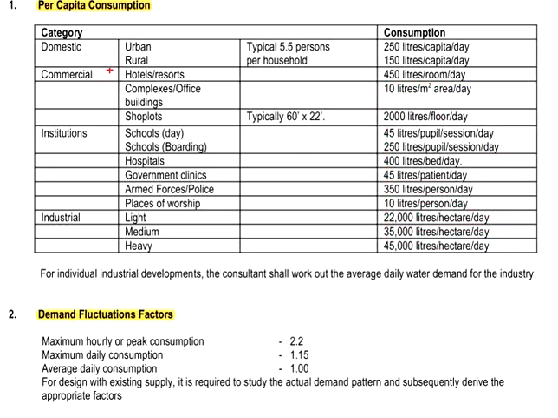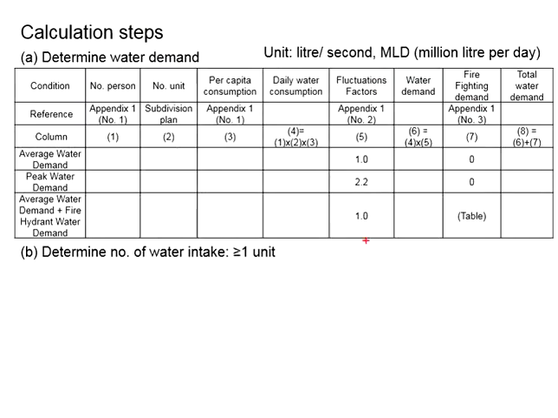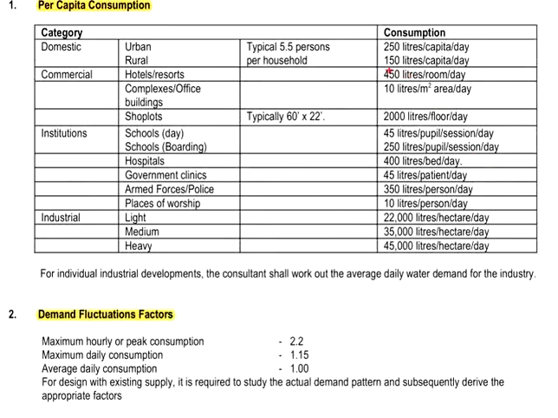Let's say now you are dealing with hotels, which is stated as 450 liters per room per day. Now your daily water consumption will be this 450 liters per room per day multiplied with the number of rooms for the hotel. Same goes for the other types of development.